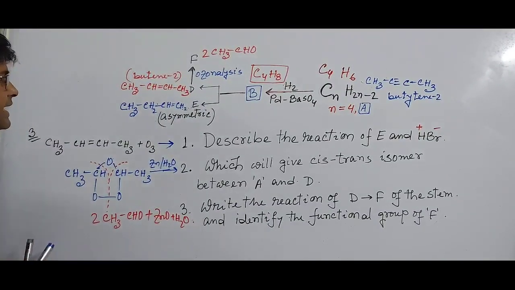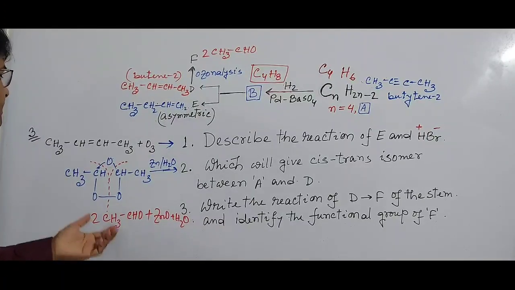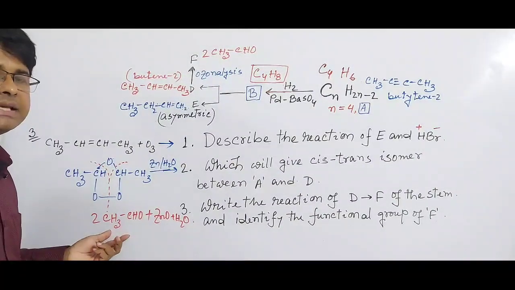So students, already you have understood that in the ozonolysis reaction butene 2 produces ethanal.